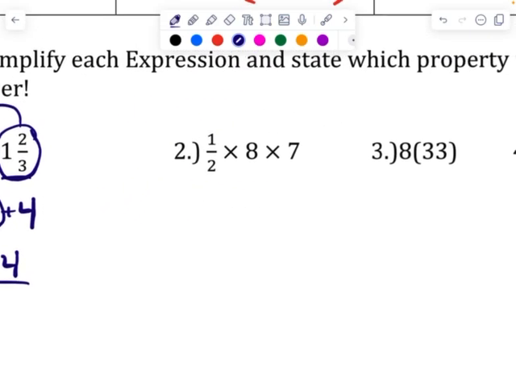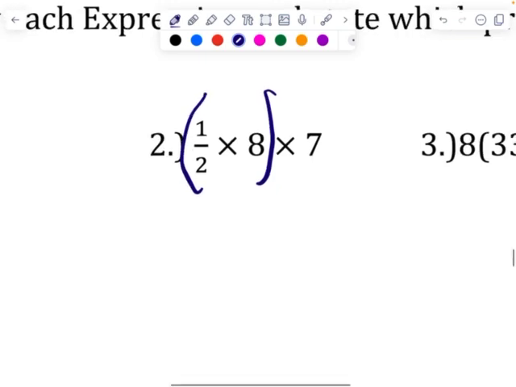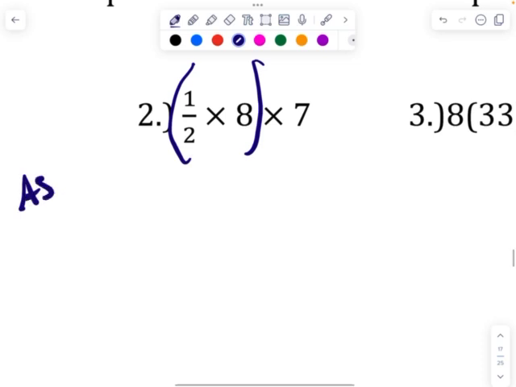Well, let's take a look at number 2. I can group some numbers together, so I can maybe use mental math. I'm going to first do 1/2 times 8, because I can do half of 8 in my head. So I'm going to group 1/2 times 8 using the associative property.